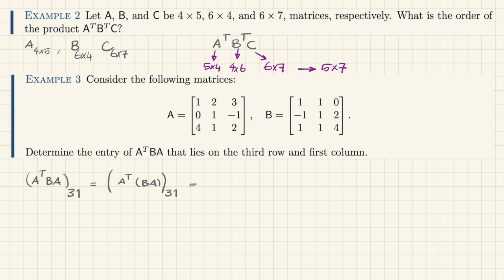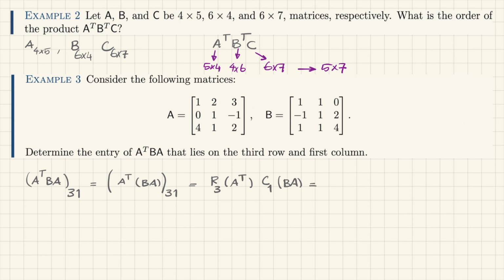I am interested, if you remember, if I have two matrices M and N, and if I am interested in the ijth entry, I don't need to calculate everything. I take the ith row of the matrix on the left, and I multiply it by the jth column of the matrix on the right. Yes? So let us just do that. So this becomes the third row of the matrix on the left, multiplied by the first column of the matrix on the right.